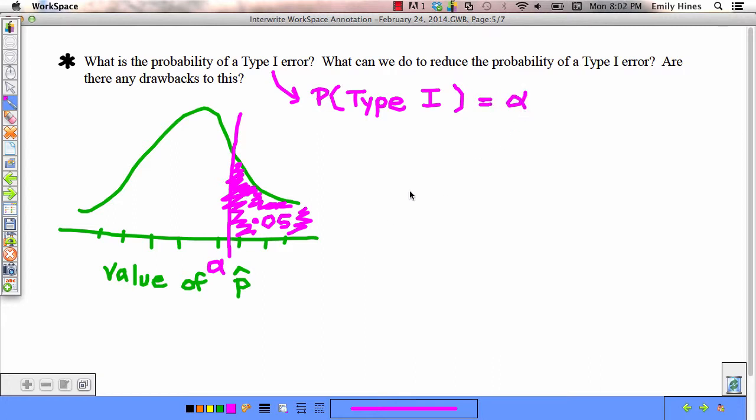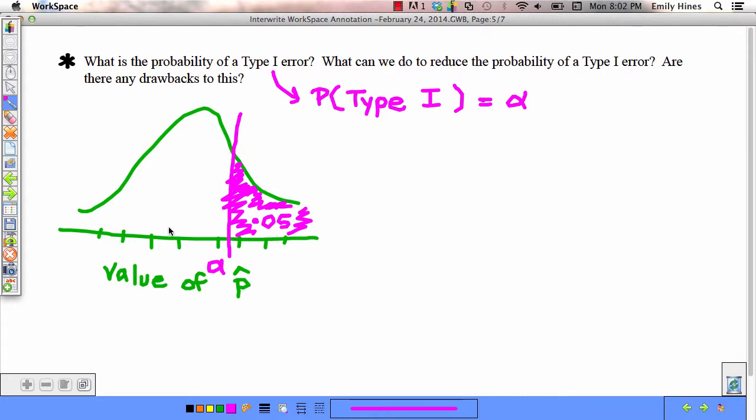Okay, and if you want to reduce the probability of a type 1 error, you can do a couple things, and the main one is to reduce your value of alpha. So one thing that you want to make sure that you think of when you are deciding on your significance level is, how much of a probability would you like of a type 1 error? Is it a big deal to you if you were wrong, if you reject it when you really shouldn't have?